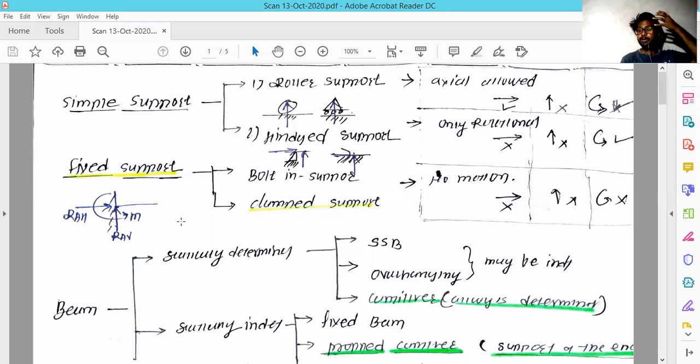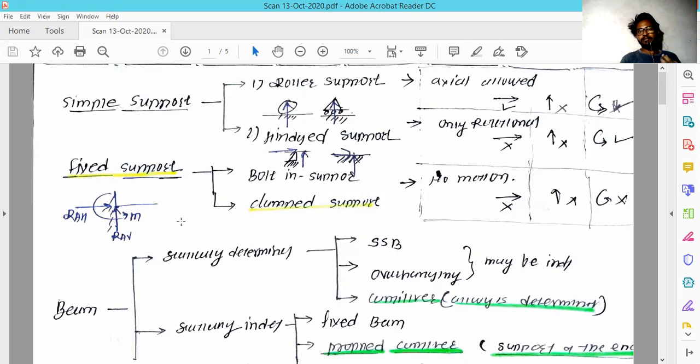The roller support is nothing but a support which allows that link to move in the horizontal direction. Just take an example of this mobile. If I have applied the roller support in this section, and this is the free section, it is allowed to move in this direction, which means it can rotate and it can move in the horizontal direction, but the only restriction is in the vertical direction, so it is not allowed to move vertically.